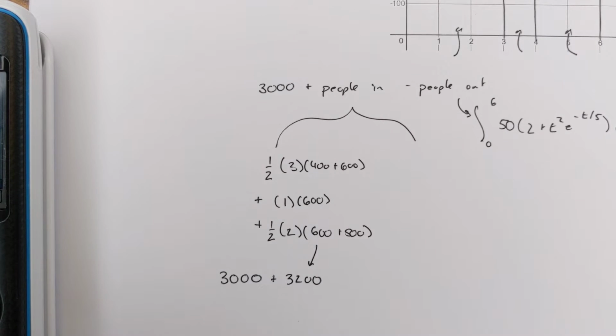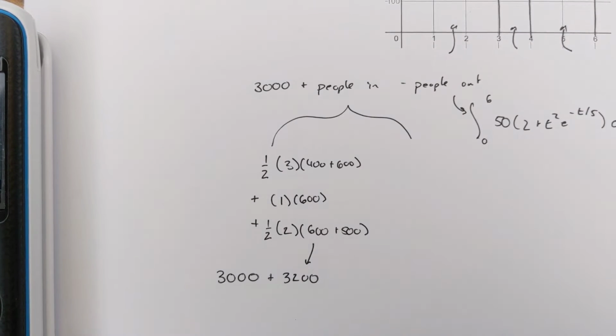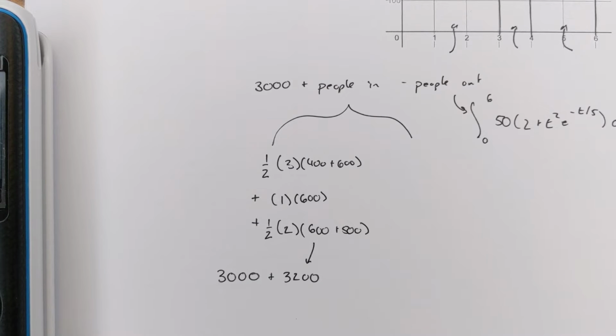Leaving the park, x squared e to the negative x over 5 from 0 to 6, we have about 2,100 people, it looks like.